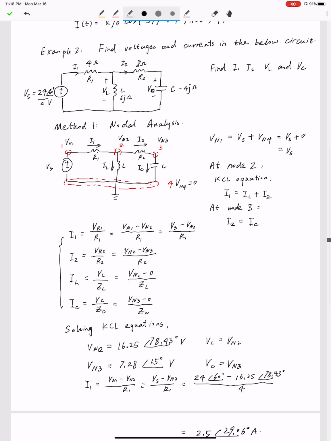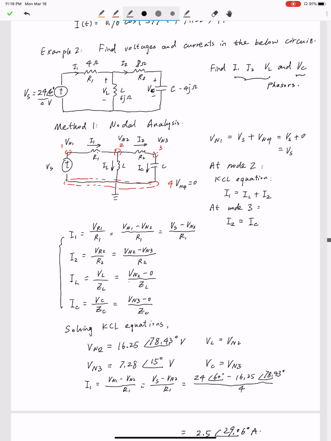Alright, so that's how we use nodal analysis to solve this problem. By the way, I1, I2, VL, and VC are all phasors, right? We just need to find the phasor representation of these parameters.